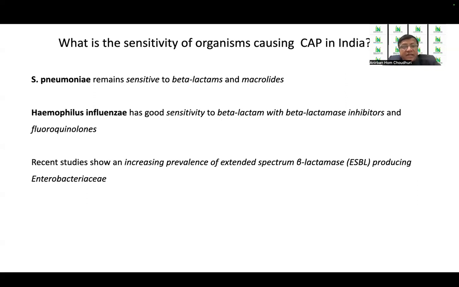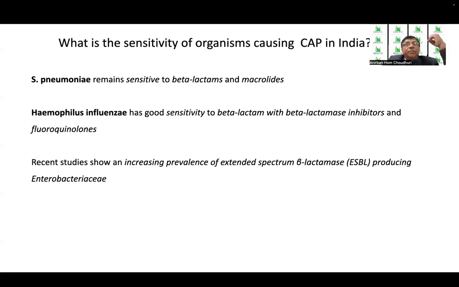However, recent studies have shown an increasing prevalence of ESBL producing Enterobacteriaceae, which means that beyond these beta-lactamases, there is another form of enzyme which microorganisms can produce to resist the effect of antibiotics, and which is also a cause of antimicrobial resistance, called ESBL, or extended spectrum beta-lactamases. So in those cases, we will have to choose suitable antibiotics which can overcome the effect of such enzymes, that is, whether the bacteria are ESBL producing or not.